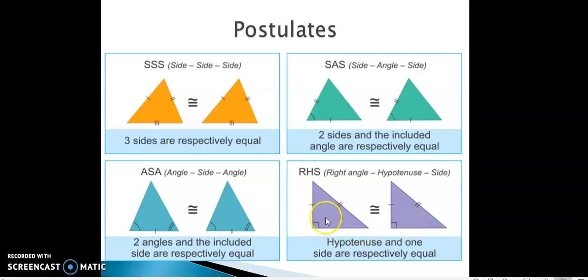If the hypotenuse is equal and one of the sides of these triangles is equal, it means they are satisfying our RHS postulate. It is also defined as the HS postulate. That is given in your theorem 10.4.